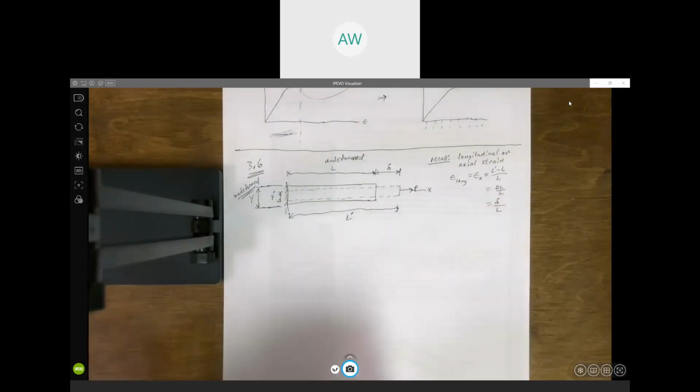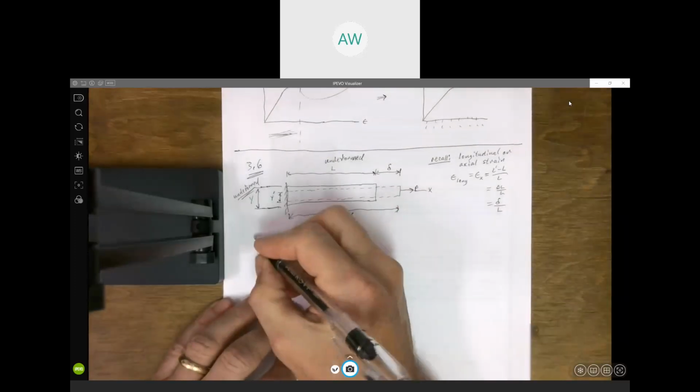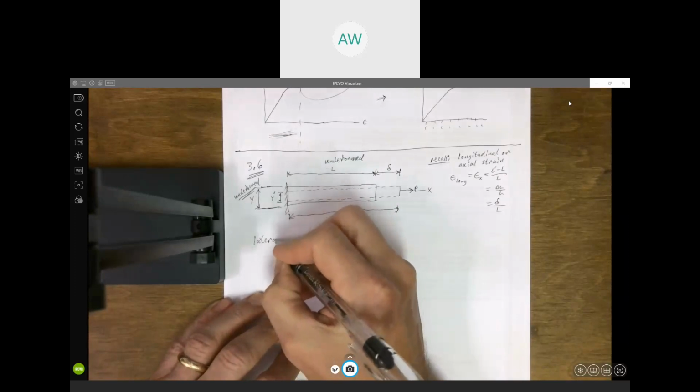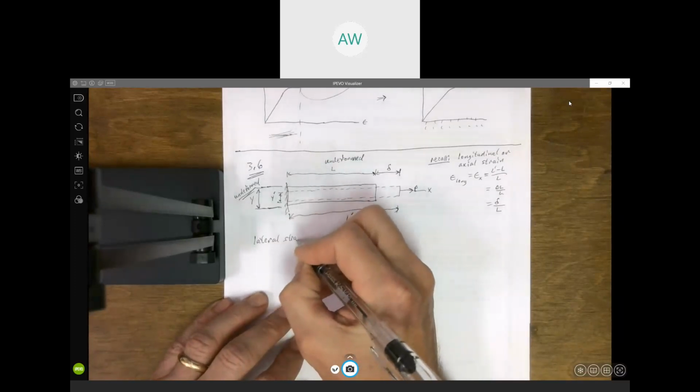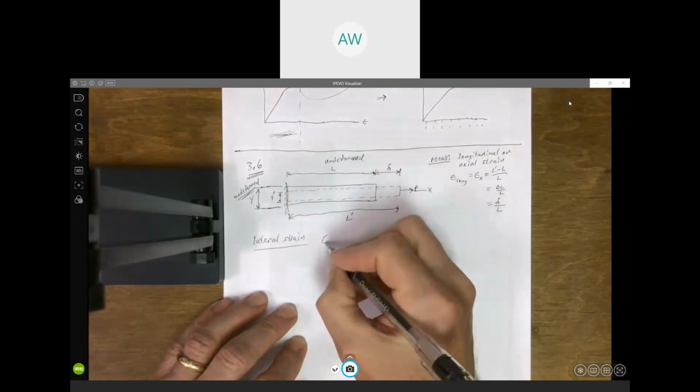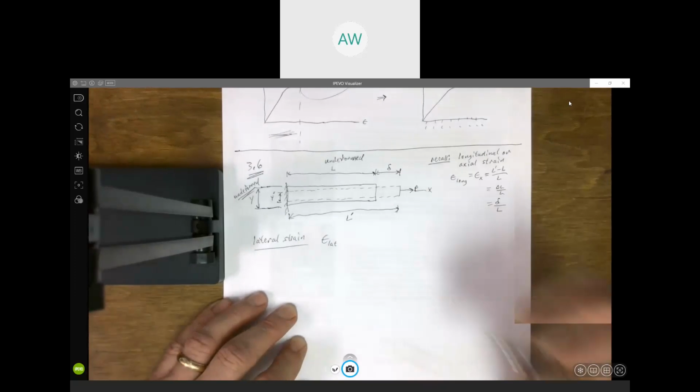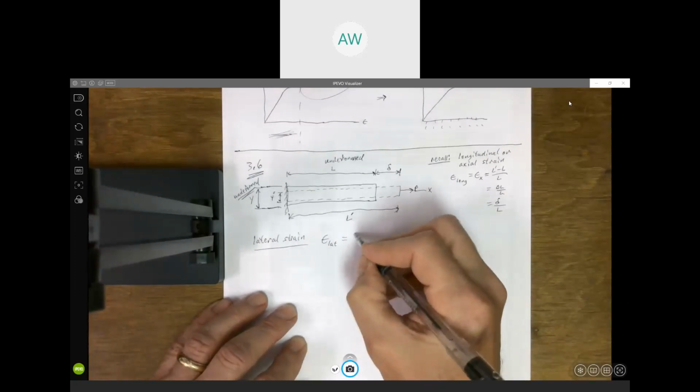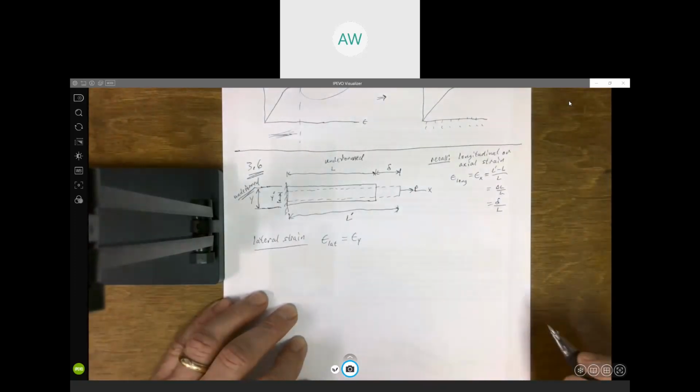And if you compress it and squish it in, that material's got to go somewhere, and so it pushes out and gets bigger in the lateral direction. So we define what we call the lateral strain as a change in that direction, or in this case, call that the y direction.